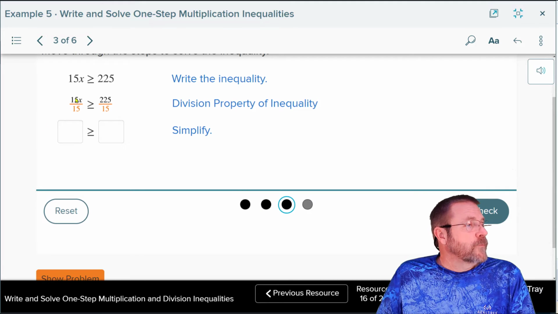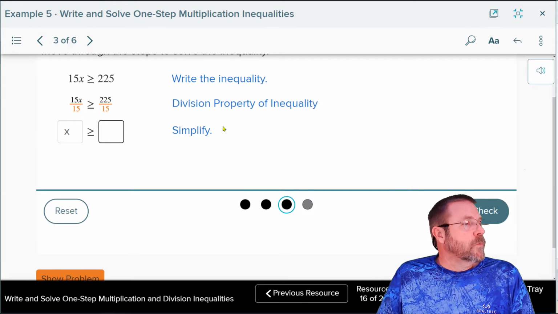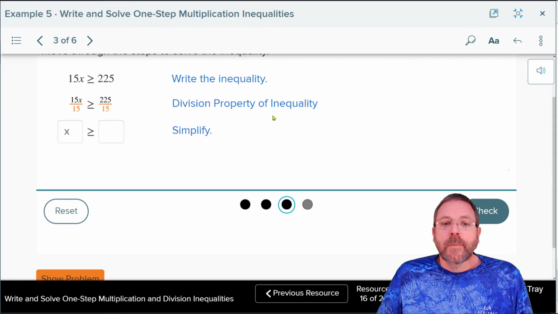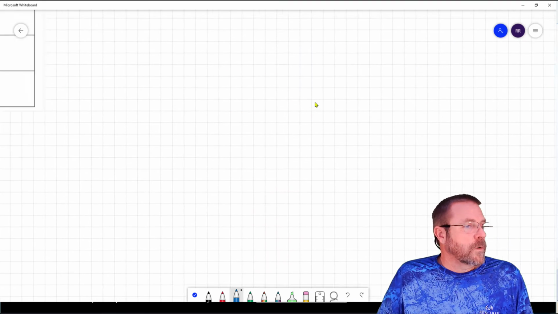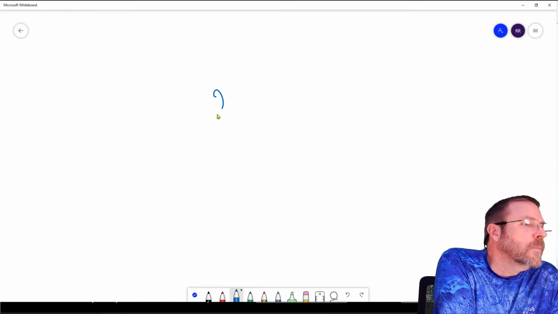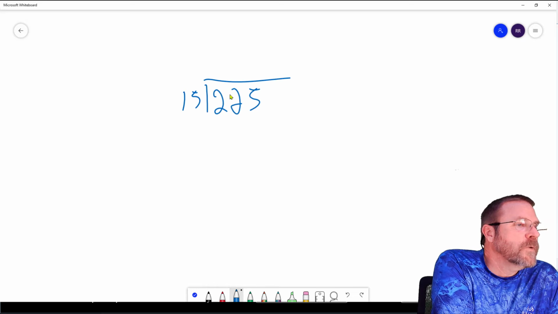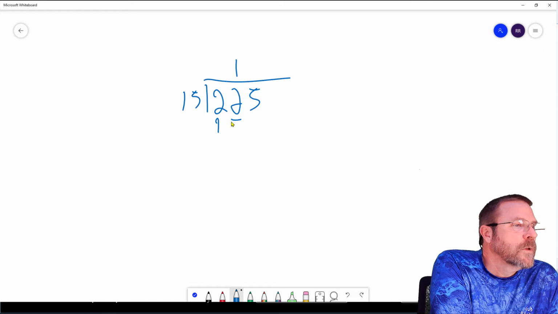From here, the 15s on the left divide each other out, leaving x is greater than or equal to 225 divided by 15. Well, I'm going to need to do a little bit of grunt work on that one. So I'm going to set up my problem. 225 divided by 15. 15 goes into 22 once, which is going to leave me with 7 left over.